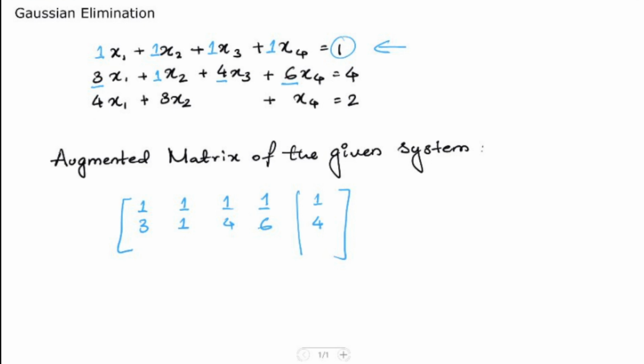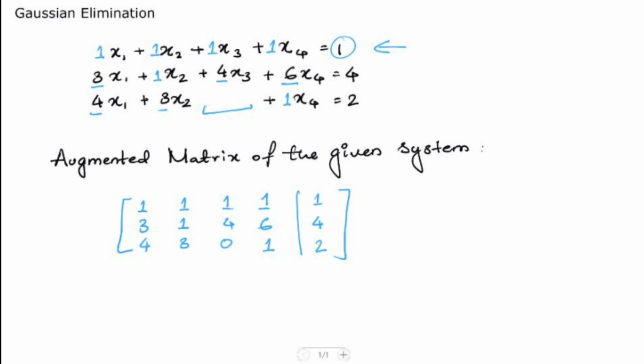Now, for the third row, we have 4 for x1, 3 for x2. For x3, we have nothing here, so we'll write just 0. And for x4, it's 1x4, so it will be 1 here. And then for vector b, we have 2.